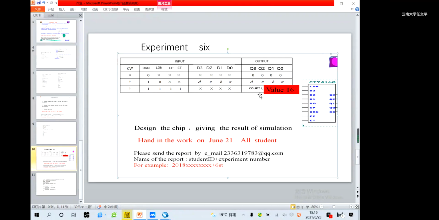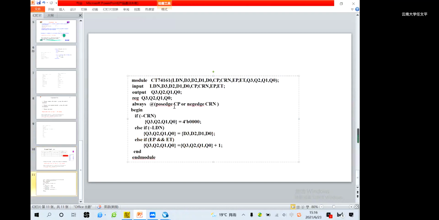start counting. The count value is 6. So this is the program. Look, asynchronous clear. This is the synchronous set data signal.